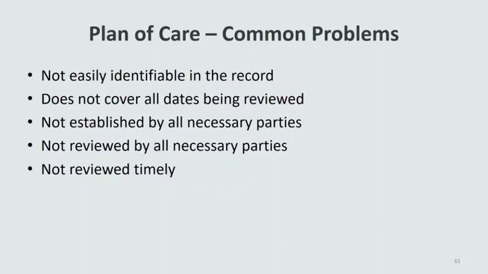They're easily identifiable. The biggest issue is that the plan of care does not cover all the dates being reviewed. That the plan of care submitted is not for the same time period that is being reviewed, because sometimes that time period overlaps two different plan of care documents. Make sure both are included. And I think those are the biggest issues.